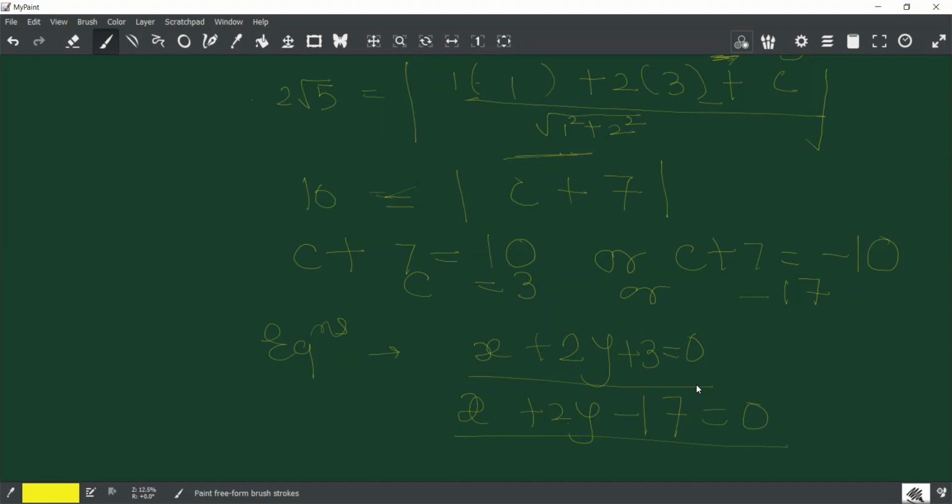Is it done, tell me, yes? How can two equations come? Why won't they come? Yes, I will show you the diagram.